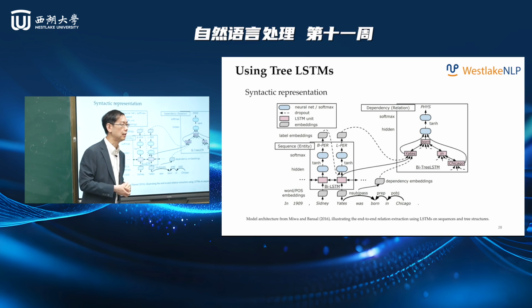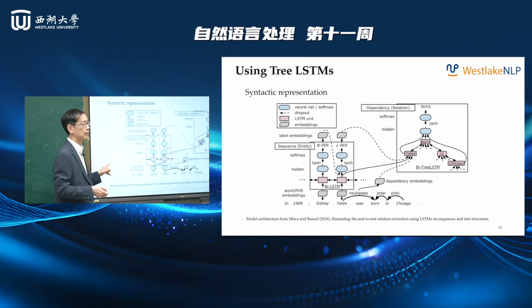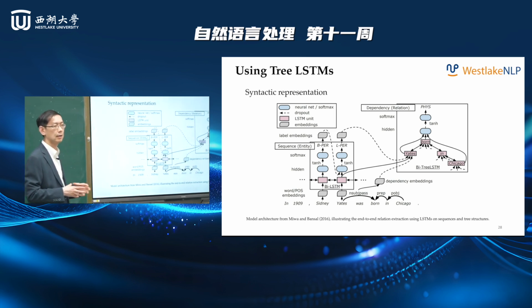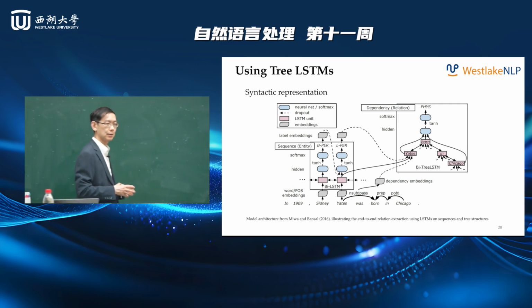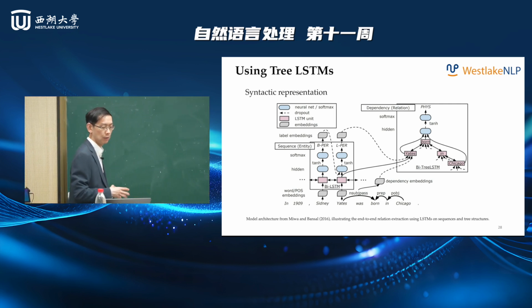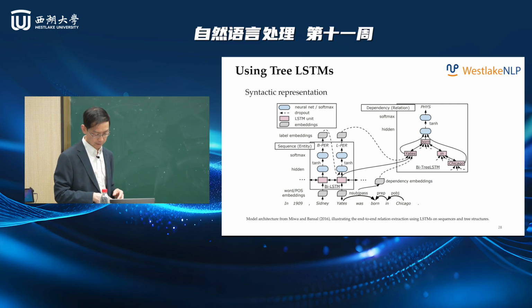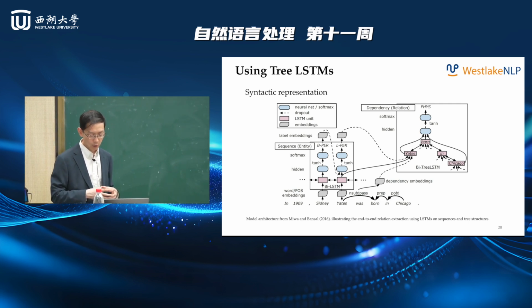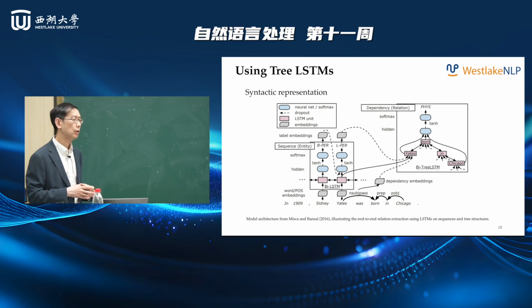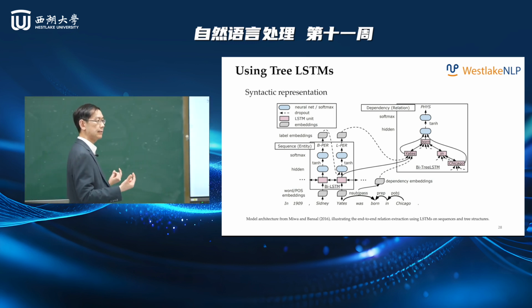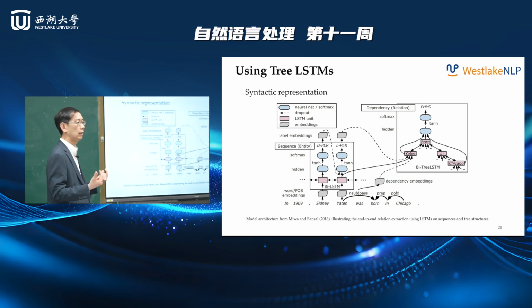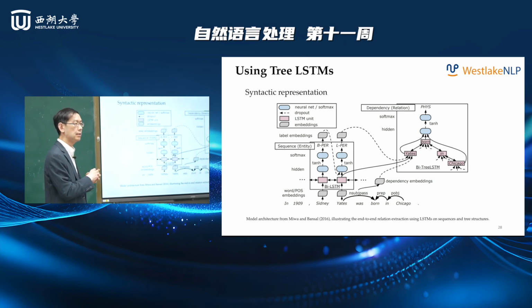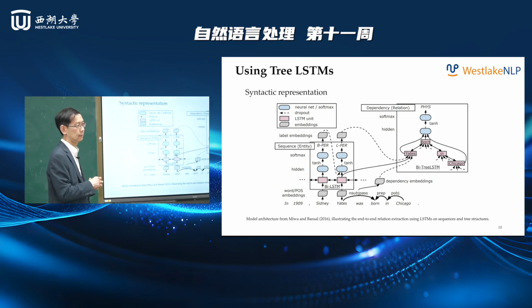What's the intuition? The intuition is that the lowest common ancestor is typically a predicate, okay, that dominates the correlation between the two entities. For example, in this sentence, okay, "Yates was born in Chicago." If we want to detect the relation between Yates and Chicago, okay, we found that their common ancestor was "born."